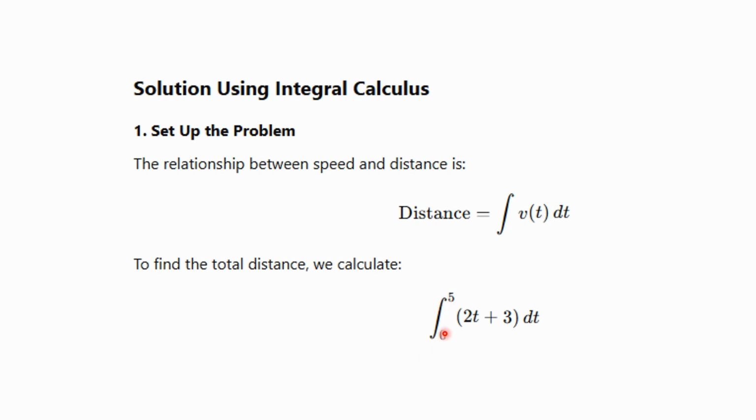We said that we're looking from 0 to 5 seconds. And the function for v of t is this 2t plus 3. That's our calculation of velocity, or the speed here. Sorry, I keep bouncing around with that. So you've got the integral of 2t plus 3 dt to find the total distance.